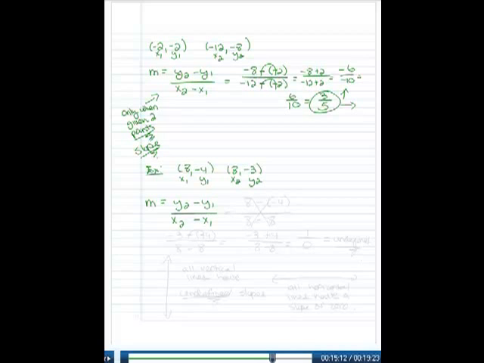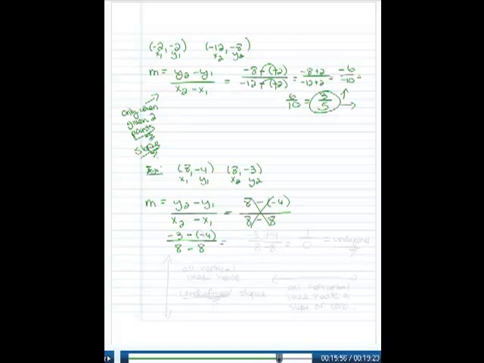Plug them in appropriately. So y2 is negative 3, minus sign in the formula, y1, which is negative 4, divided by x2, which is 8, minus sign in the formula, x1, which is also 8.